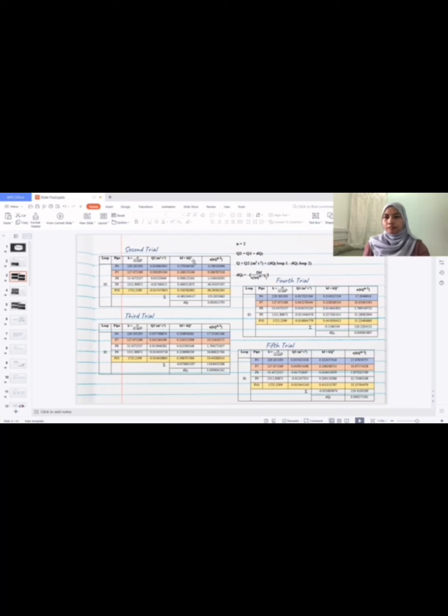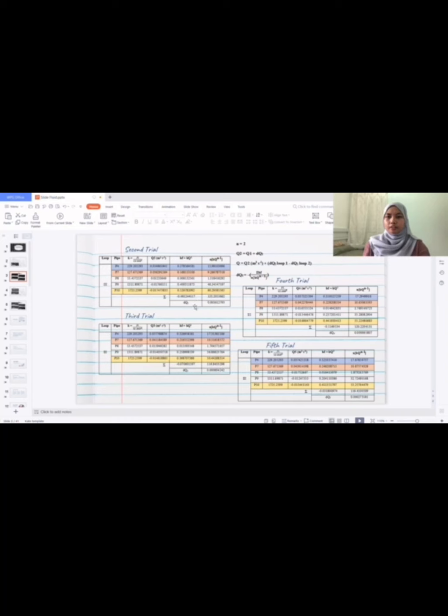This is the formula. After that we can get the total of HF and the total of N times K times Q power of N minus 1, and then we get the total.